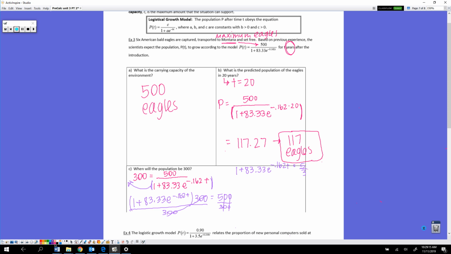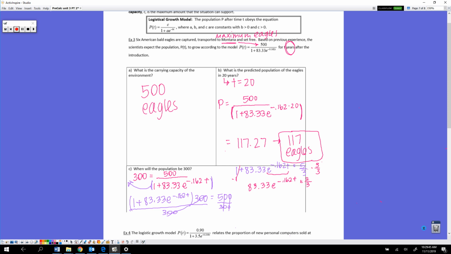Alright, hopefully we're starting to see we're trying to get this e to the negative 0.162 t by itself, because we're trying to get that t exponent rearranged. So we're going to subtract 1 on both sides. 5/3 minus 1 would be 5/3 minus 3/3, which is 2/3. So 83.33 e to the negative 0.162 t equals 2/3.